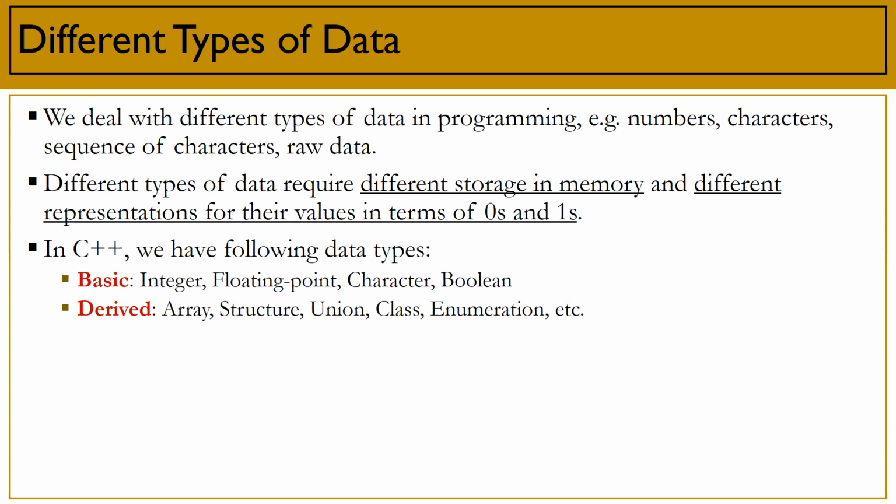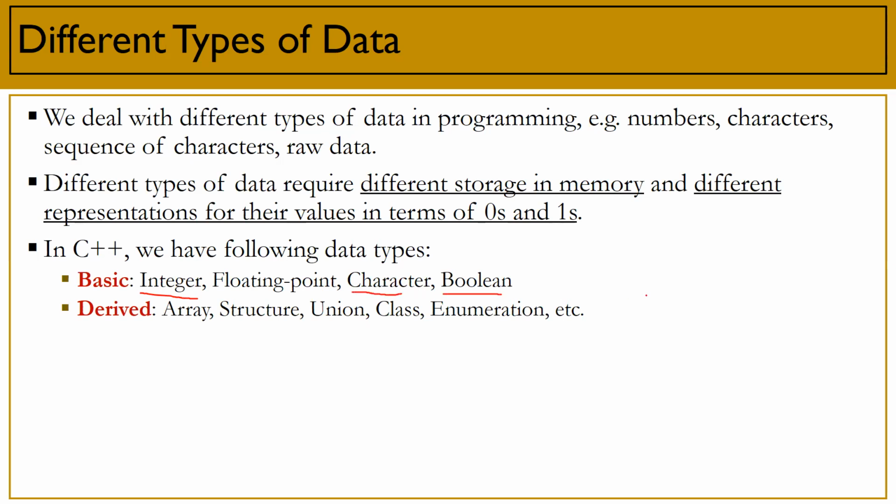So in C++, we have the following data types, and you can categorize them into basic and derived categories. Basic data types, which are also called primitive data types, are integers, floating point numbers, characters, and Boolean.